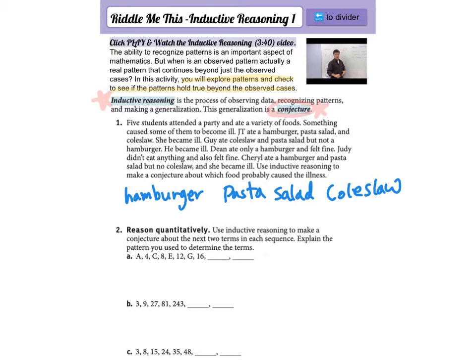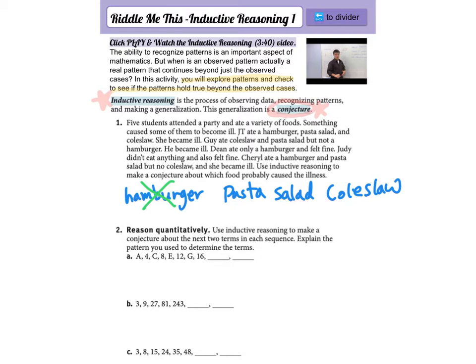Guy ate coleslaw and pasta salad, but not a hamburger. He became ill. So he didn't eat the hamburger, but he still got sick. So we can take the hamburger out of the choices.